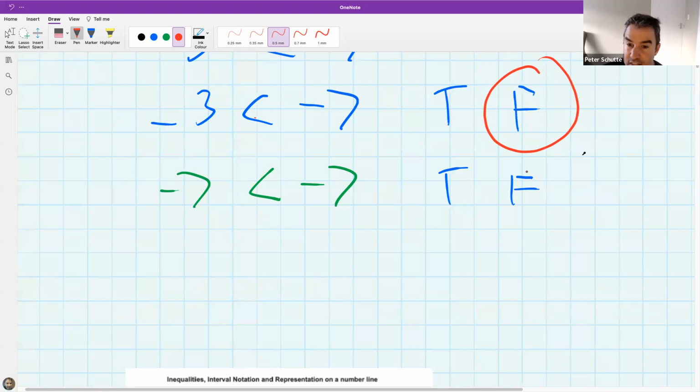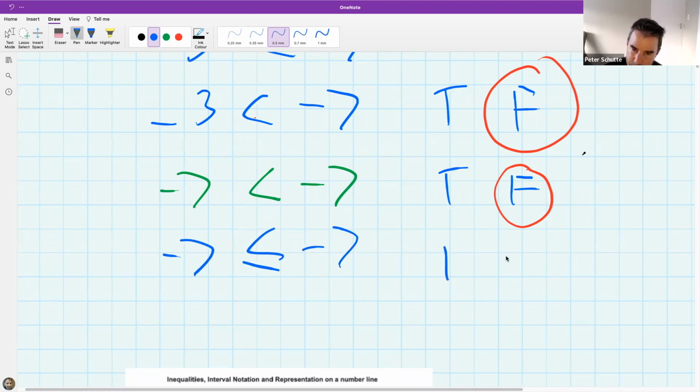Okay, so this is false because -7 cannot be less than -7. All good so far.